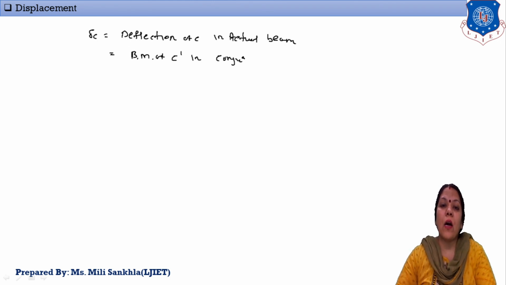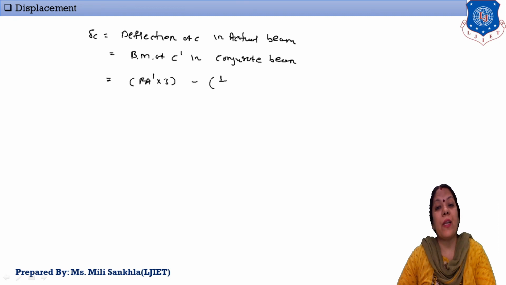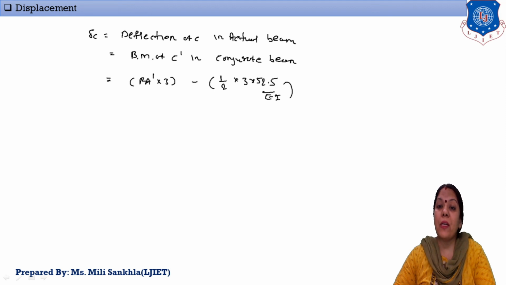Now one by one we take moment. First of all RA dash rotates clockwise, so mention plus, then our forces rotate anti-clockwise, 1/2 into 3, then 52.5 height of triangle divided by EI, and we find moment at C, and here at C the base of the triangle CG is 1/3 of 3.